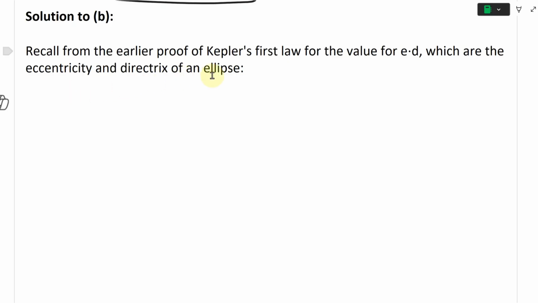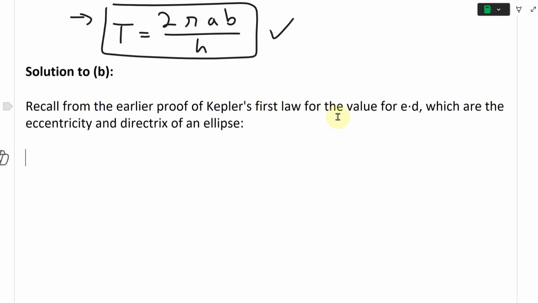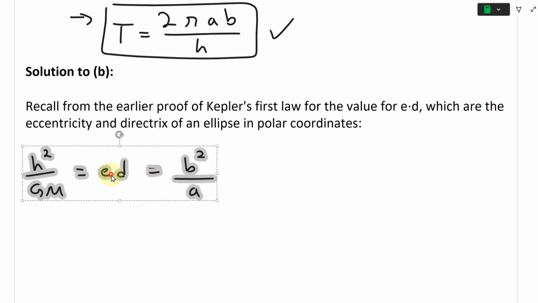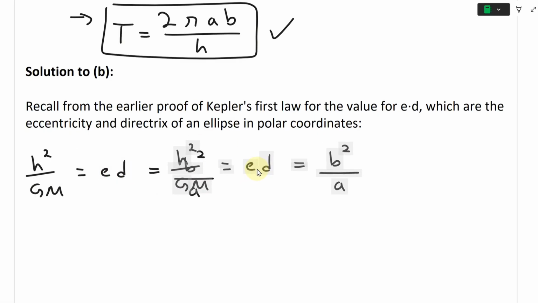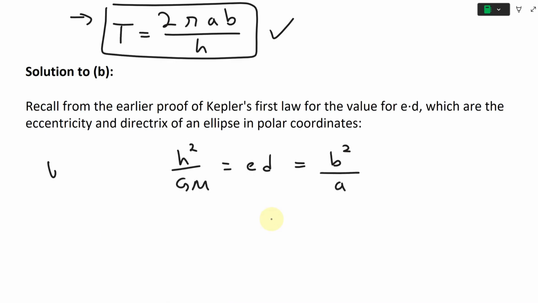So recall from the earlier proof of Kepler's first law the value of ed, where e is the eccentricity and d is the directrix of an ellipse in polar coordinates. I'll write that in here: in polar coordinates. All right, so that's using the unified conic theorem setup. So this is what we want. I'm going to write this here.